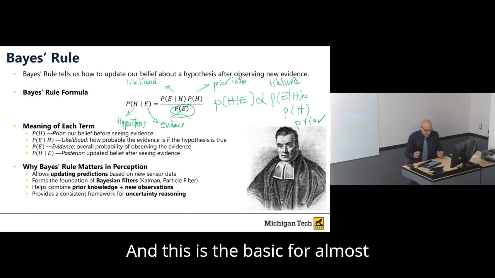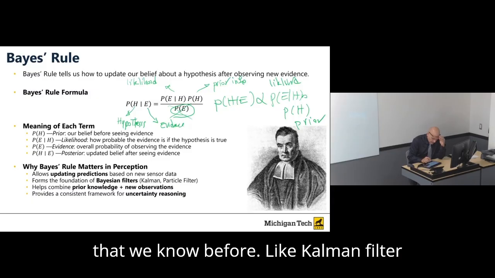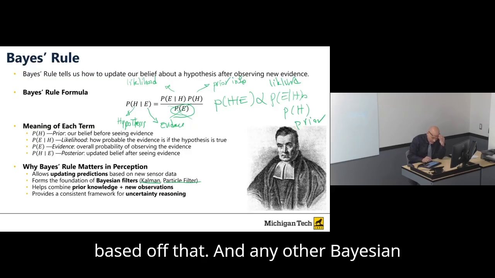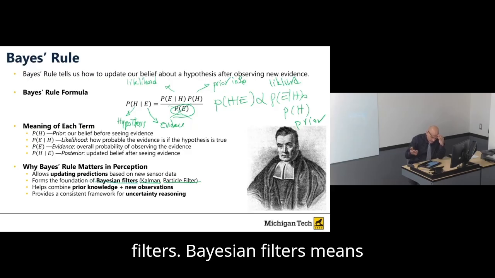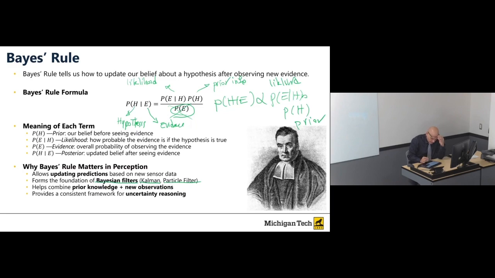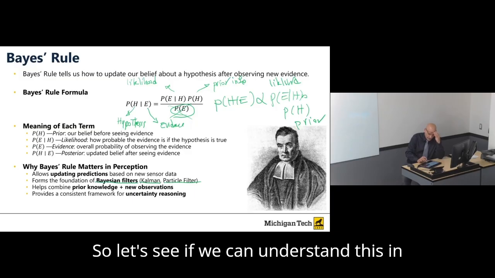This is the basis for almost most of the algorithms that we know, like the Kalman filter, the particle filter, and any other Bayesian filters. Bayesian filters means working with these methods. SLAM is based off that, and so many other applications.